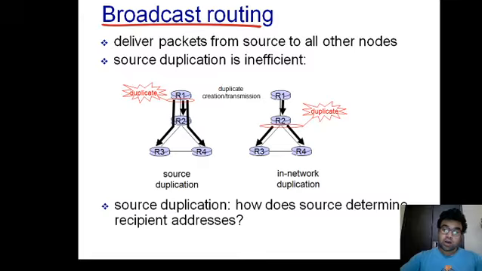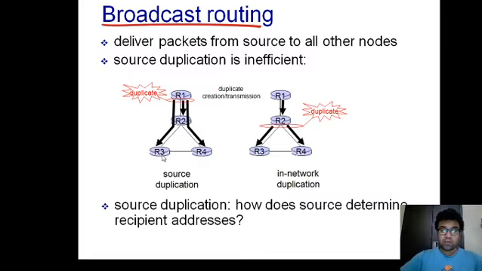How this happens, we will discuss shortly. We have already discussed unicasting, but today we are going to discuss broadcasting. The first point on this slide is to deliver packets from source to all other nodes.